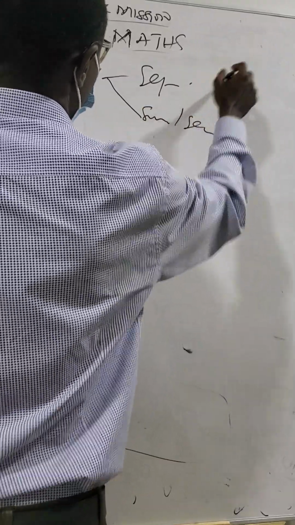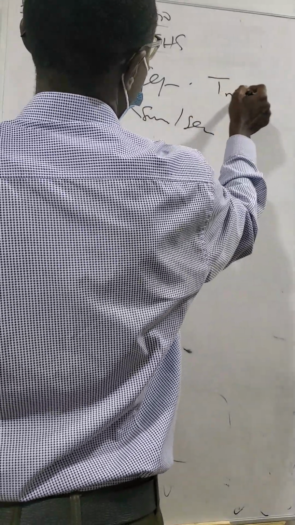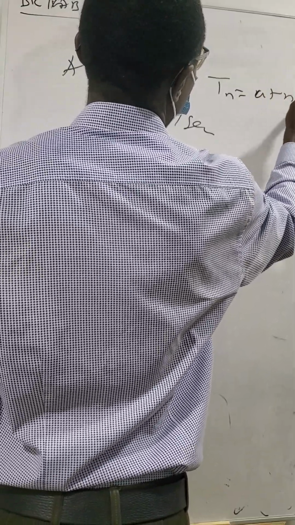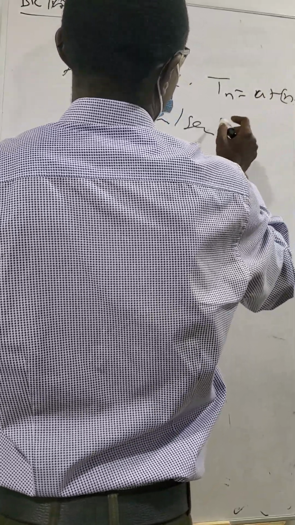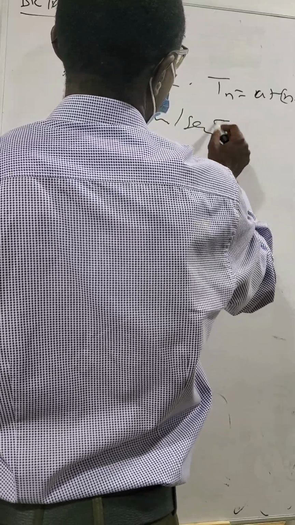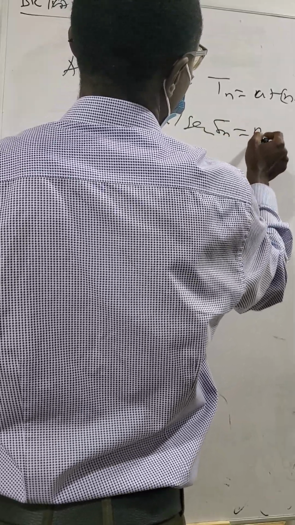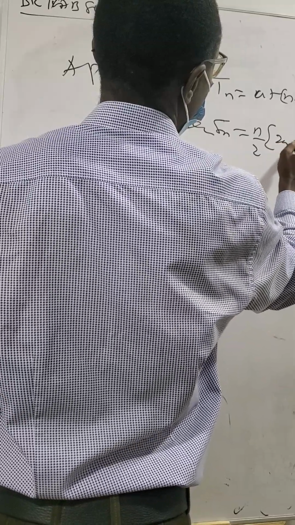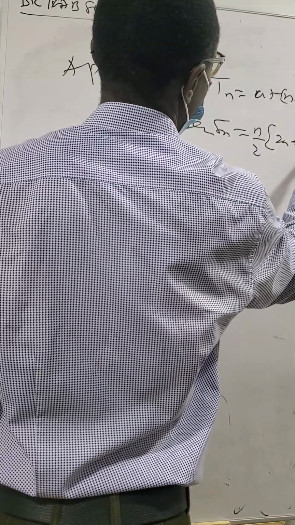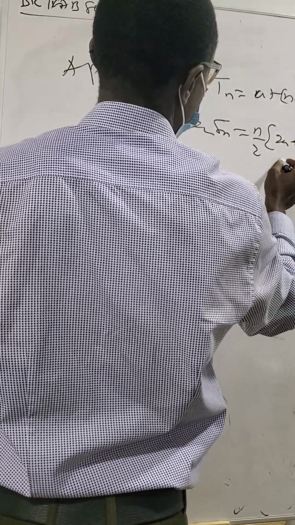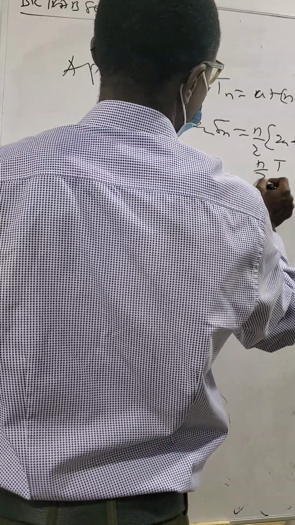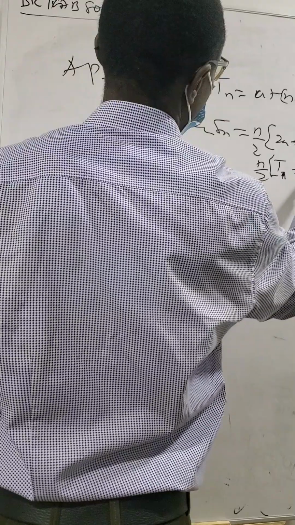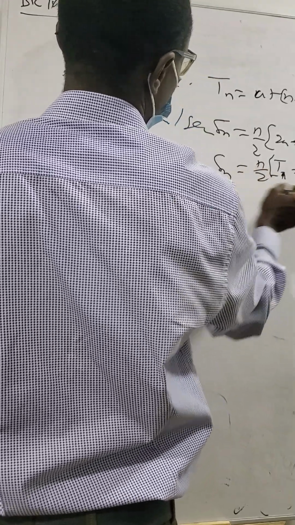Of course, the formula we know is Tn equals a plus (n minus 1)d, and then our summation is Sn equals n over 2 times (2a plus (n minus 1)d). And we said this can also be rewritten as n over 2 times (T1, the first one, plus T final). This is a simple way to remember.